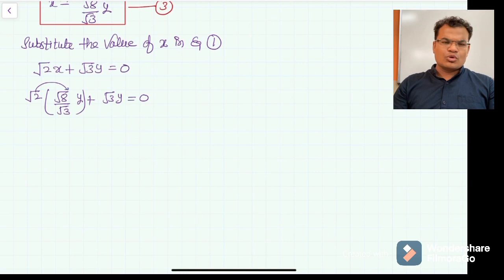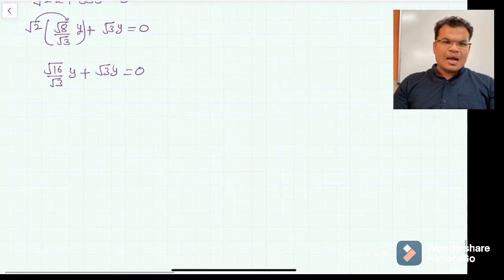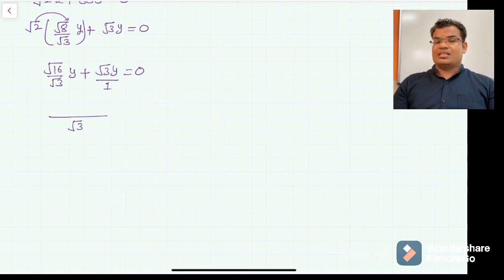You just simplify, root 2 will multiply in the bracket. So root 2 into root 8 will become root 8 2s are 16. Root 3y plus root 3y as it is. In this way, now you can solve, guys. This under root 16 we can simplify, and you know very well under root 16 is 4, right? Before that you can take the LCM also if you want.